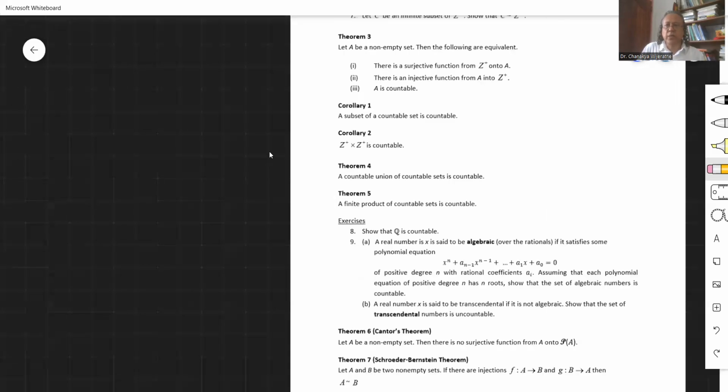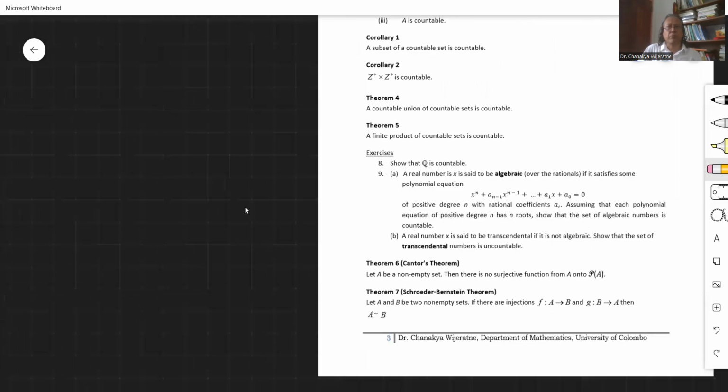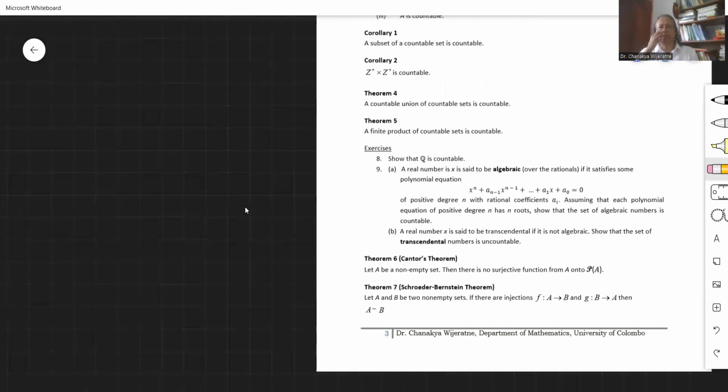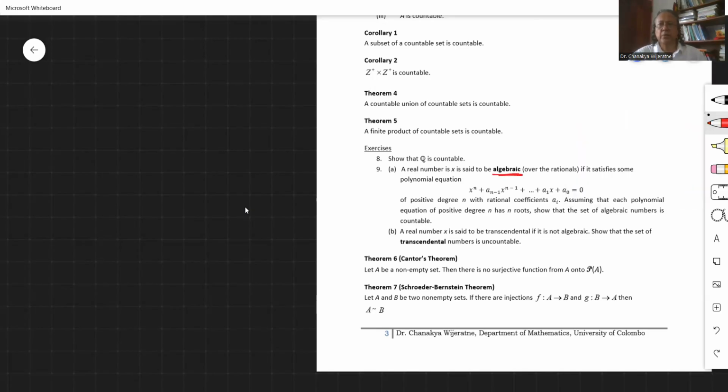Now, before that, you have some exercises, easy problems. They are labeled as exercises to show that Q is countable. And then exercise 9 defines real numbers as algebraic and transcendental, right? So algebraic means algebraic over the rationals.